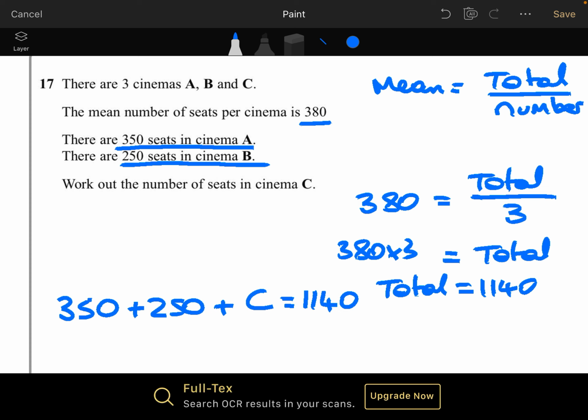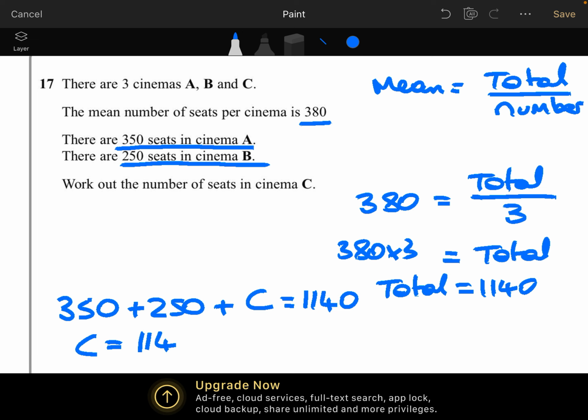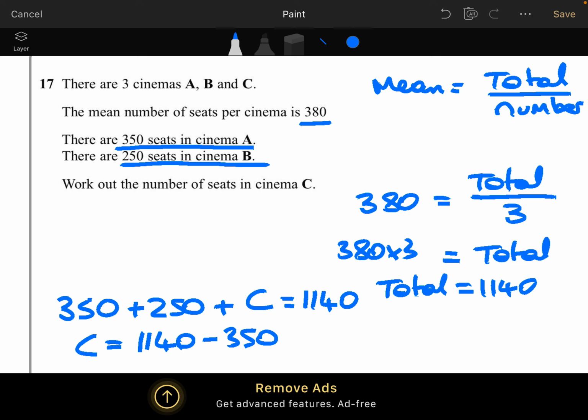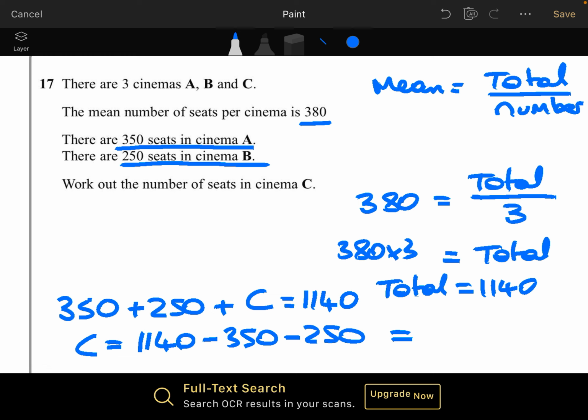So my C value, I just need to take off the 350 and the 250 from the 1140. So C is equal to 1140 minus 350 minus 250, and that gives me 540 seats.